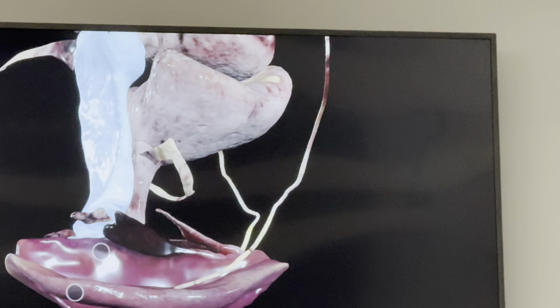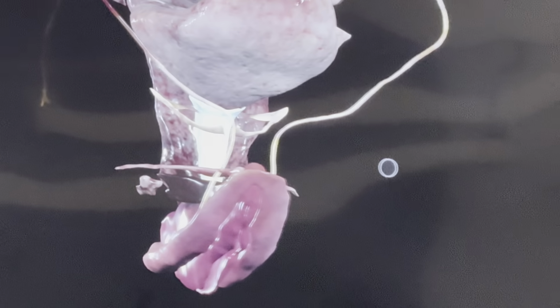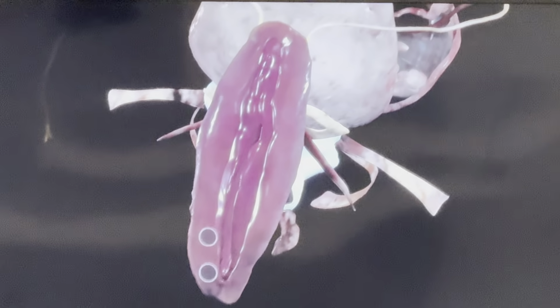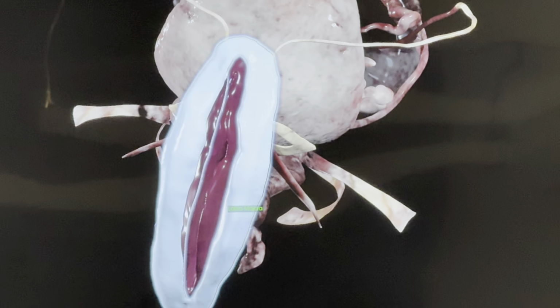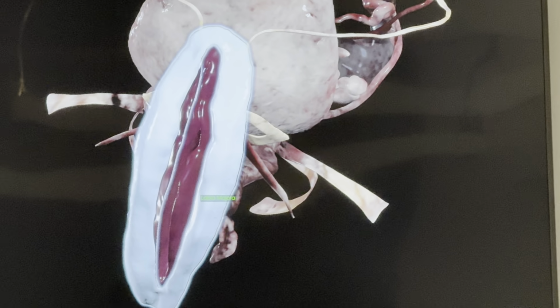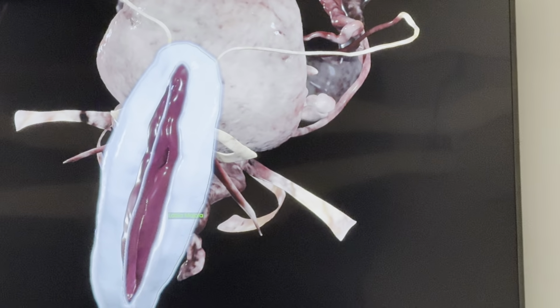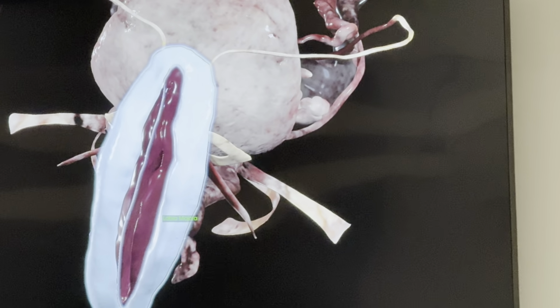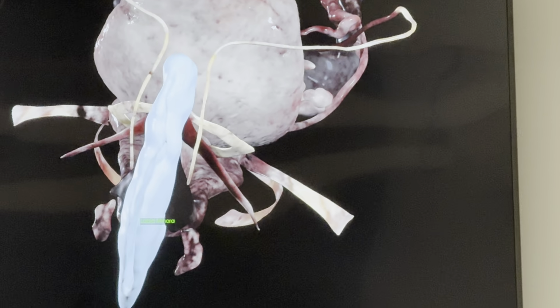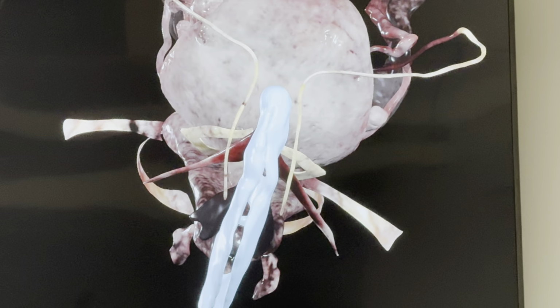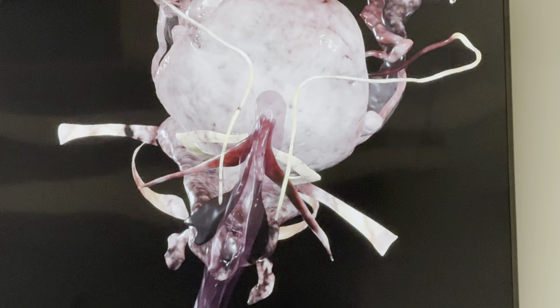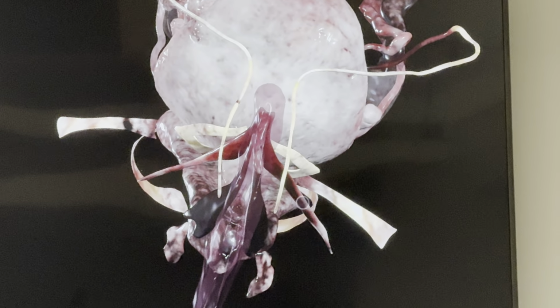Okay, and then we get down to your vulva and external genitalia. So there's the urethra, vagina. Okay, so here, this is the labia majora. They don't have the mons pubis on here, but there'd be a fat pad right up at the top there. Here's labia minora. And if I make it transparent, here's the clitoris.